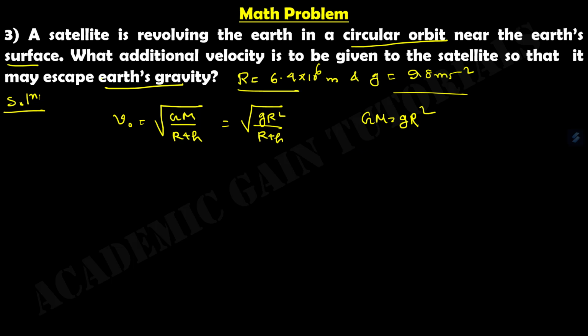Okay, but here it says that the satellite is revolving the Earth in a circular orbit near the Earth's surface. So suppose this is our Earth, and suppose this is the satellite which is revolving near the Earth's surface, at a height h from the Earth's surface.